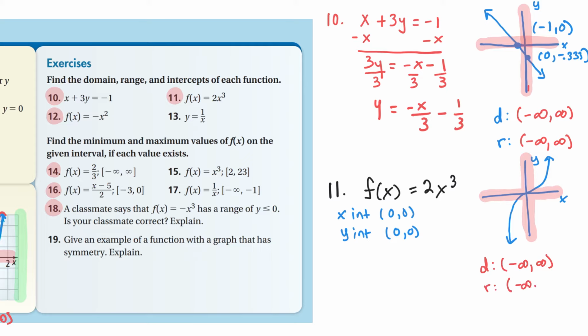So it's negative infinity to positive infinity. Both answers for domain and range can also be called the set of all real numbers. I'm going to pause it. If you have any questions, make sure that you text me on Remind or make a note so you can ask me in class.